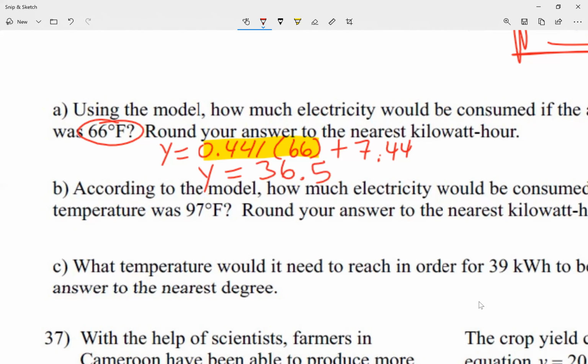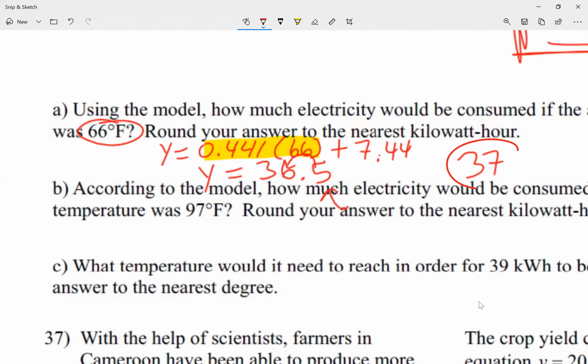Now the instructions said round your answer to the nearest kilowatt hour, so nearest whole number. I take a look at my first decimal place. It is big enough, so the 5 is going to push the 6 over. So my answer will be 37.